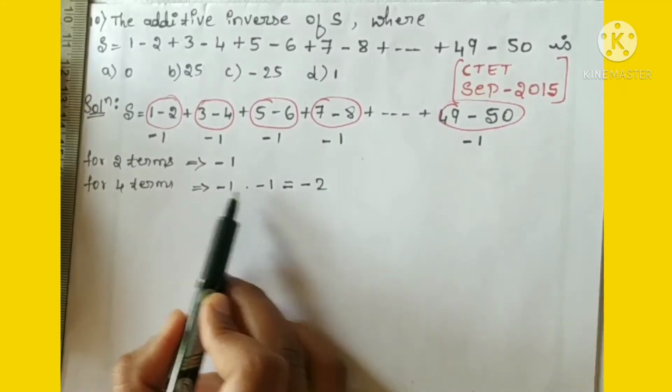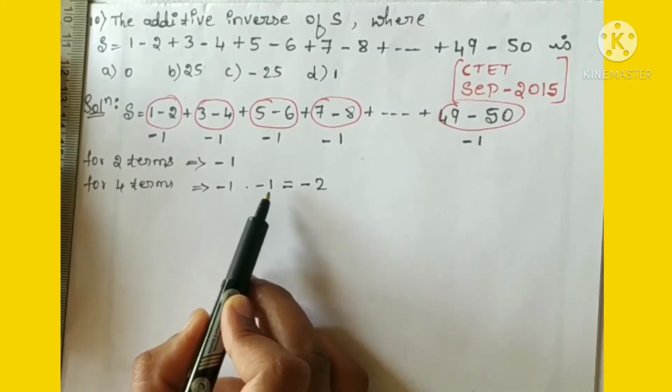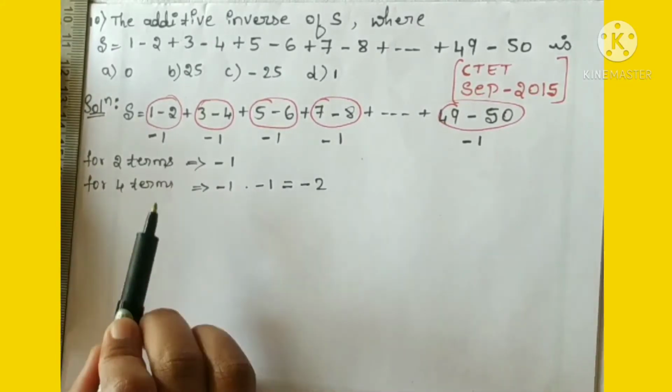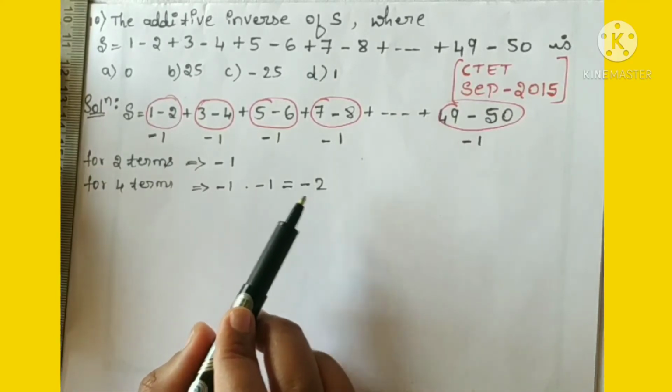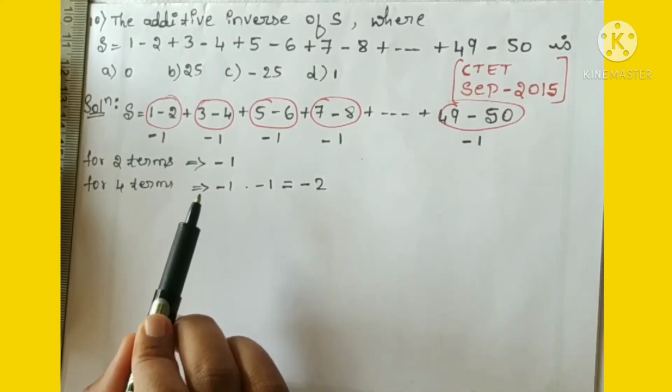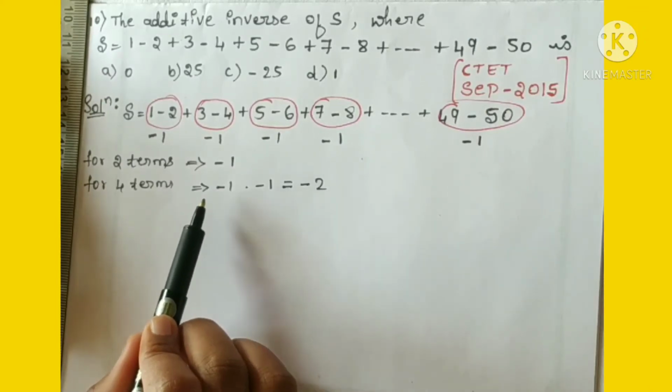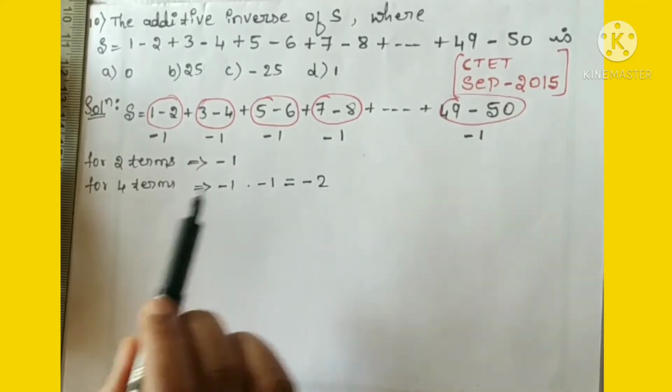Here minus into minus is plus, so 1 plus 1 is 2. So I just add up the numbers as 2. Now I put the sign of the bigger number itself, but here both numbers are the same, so I just consider the minus.